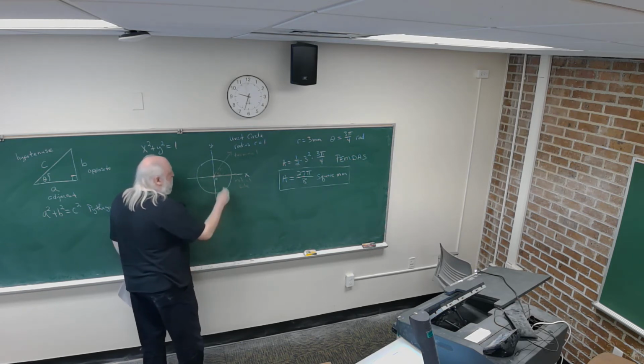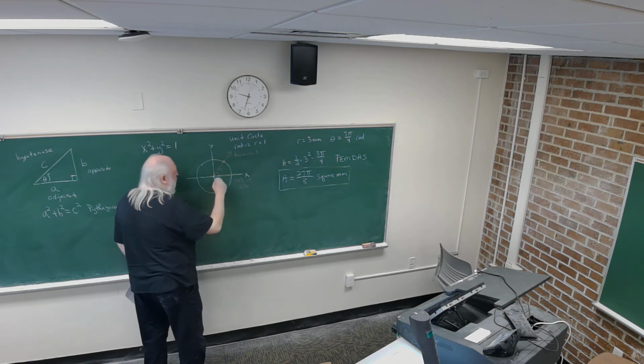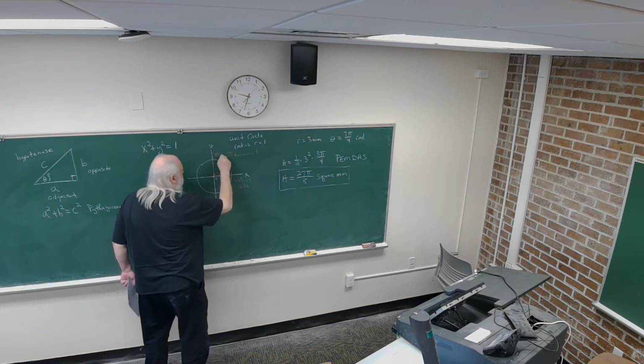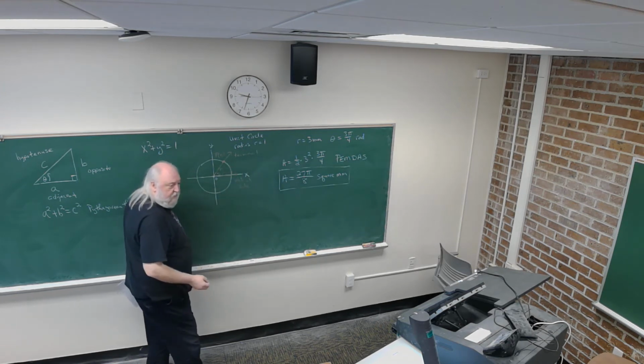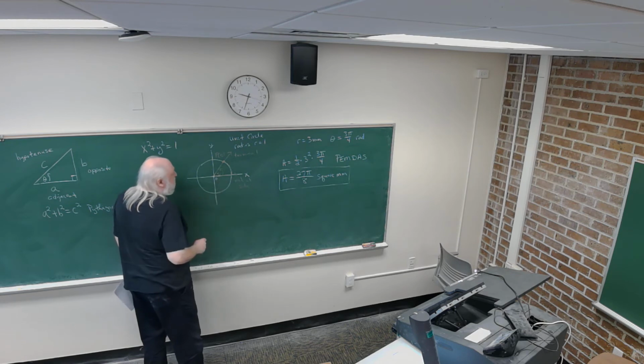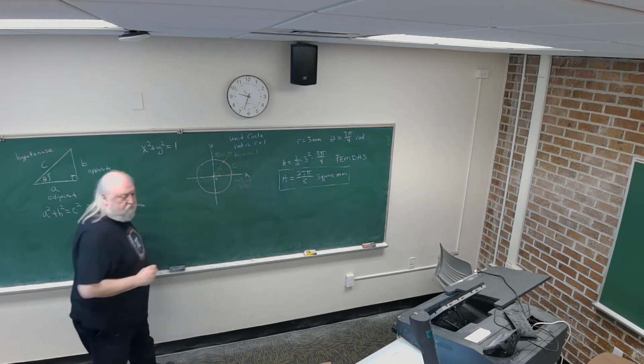The terminal side passes through this point, called P of T. Now, remember, radian measure is based on arc length. Because the radius is 1, the length of this arc is also t units.